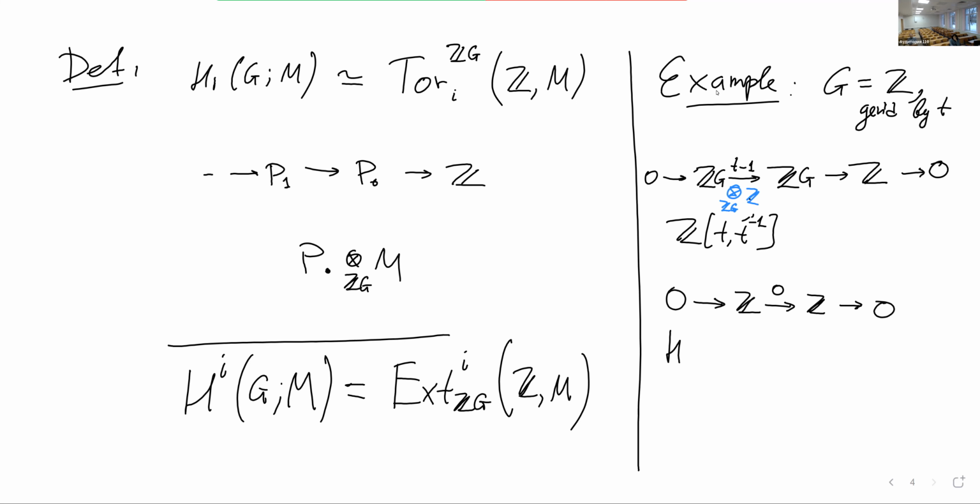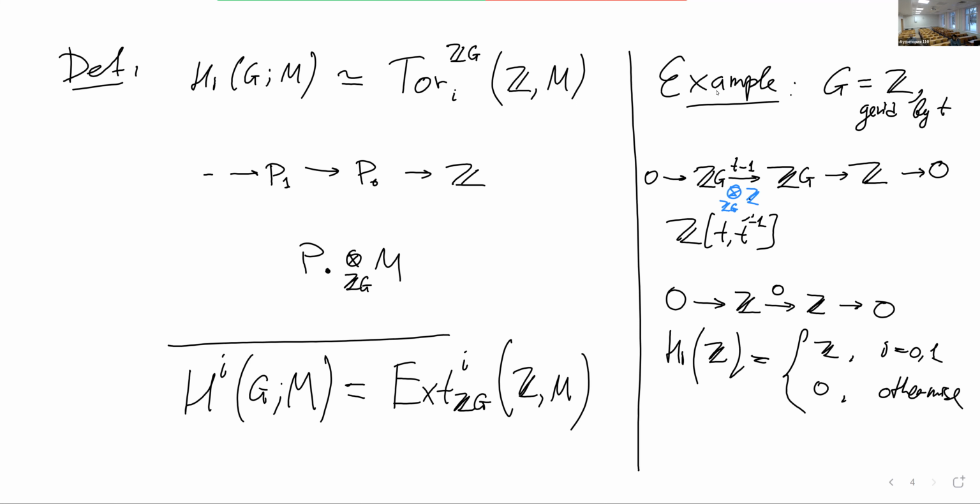Here we conclude the homology of Z is... Well, it's not very surprising. We know that the classifying space is the circle S1, and the homology groups of S1 is something we know.